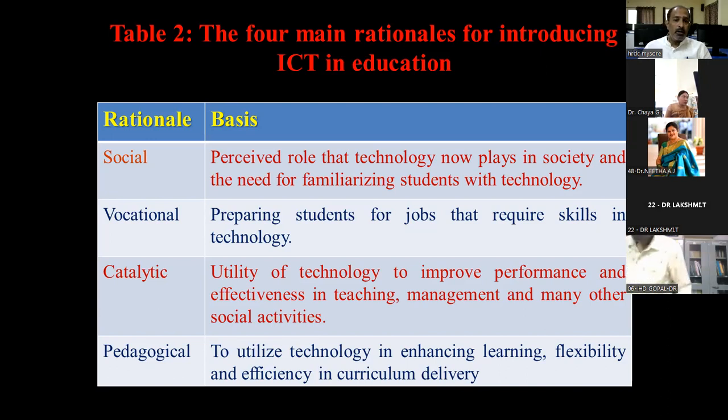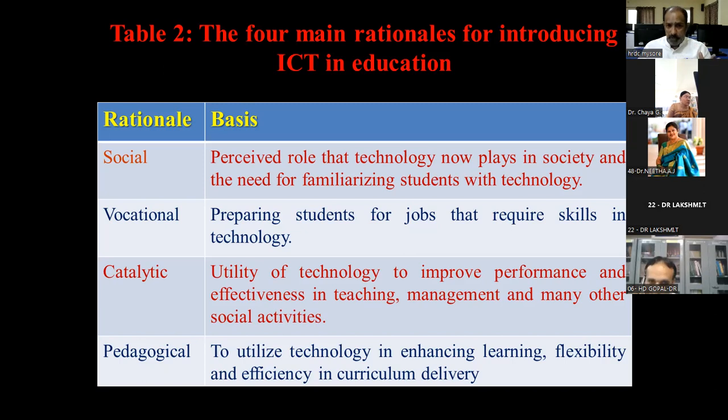Access control, where we can control the users with firewalls, so that students and other users are not allowed to access just any material. There should be some firewall, and only appropriate content which is very much useful should be made available to the users, right? So that's the perceived role that technology now plays in society and the need for familiarizing students with the technology. That is the social rationale behind ICT in education.